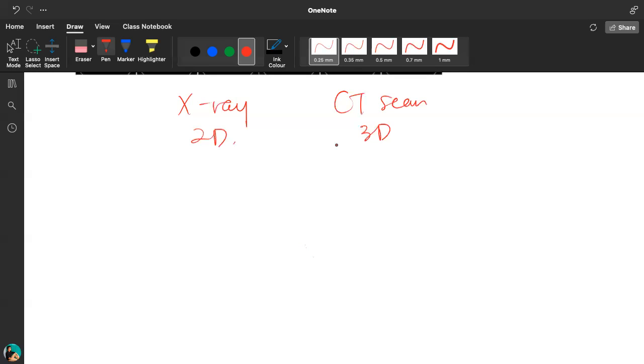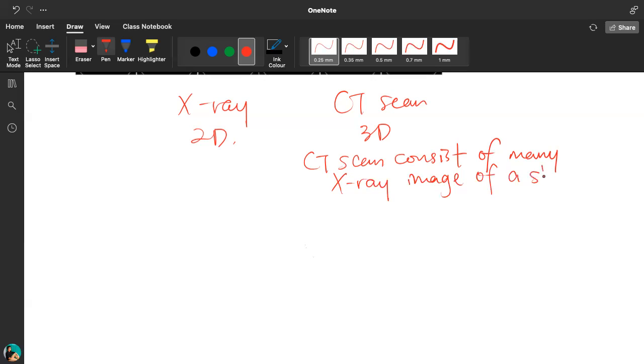By taking multiple 2-dimensional pictures. So I would say the CT scan consists of many X-ray images of a slice.